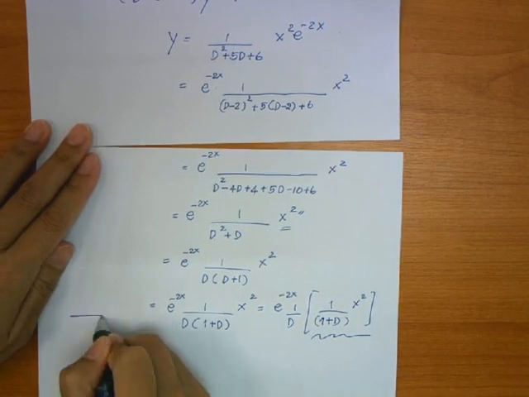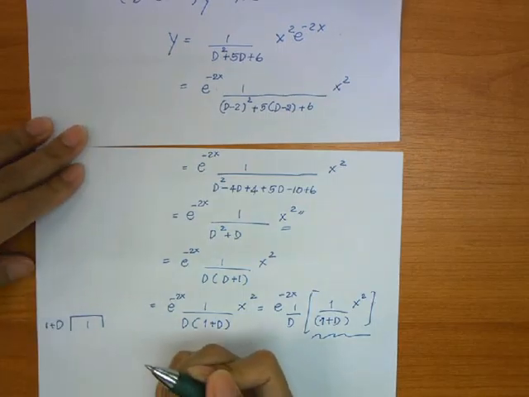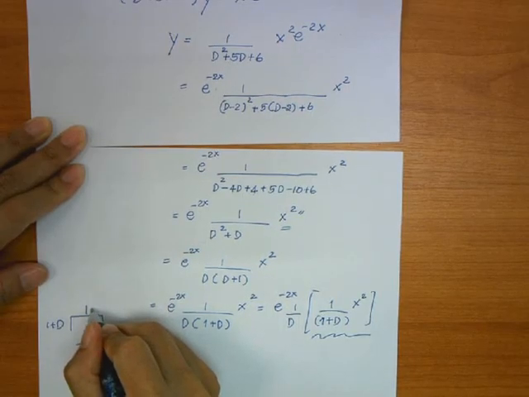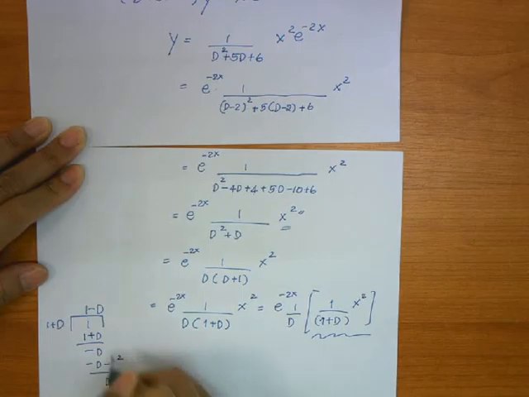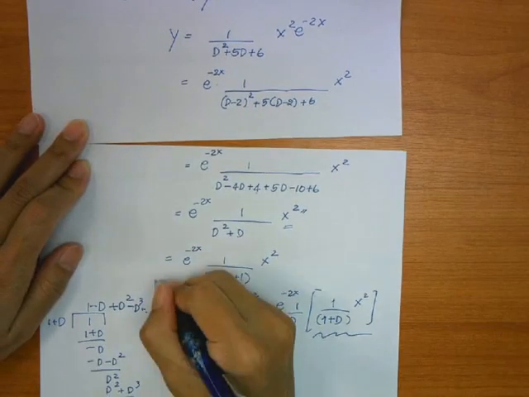So you would get 1 minus D plus D squared, and so on.